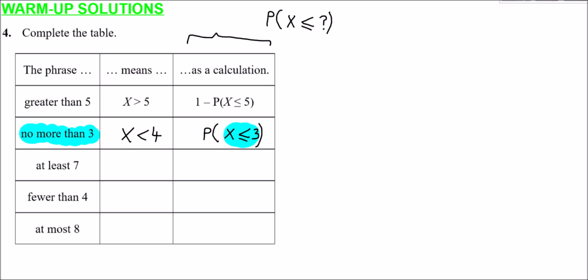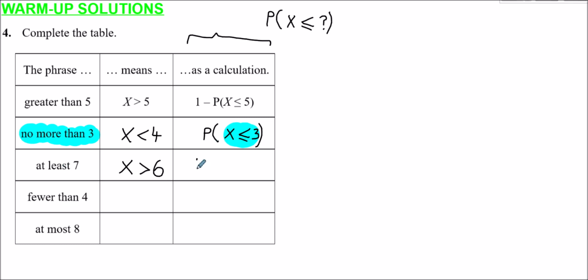Next up, at least 7. That means we want x to be at least 7. So we want x to be greater than 6, assuming x is going to be a whole number, this is. So if we're interested in it being at least 7, that means we're not interested in 6 or under.